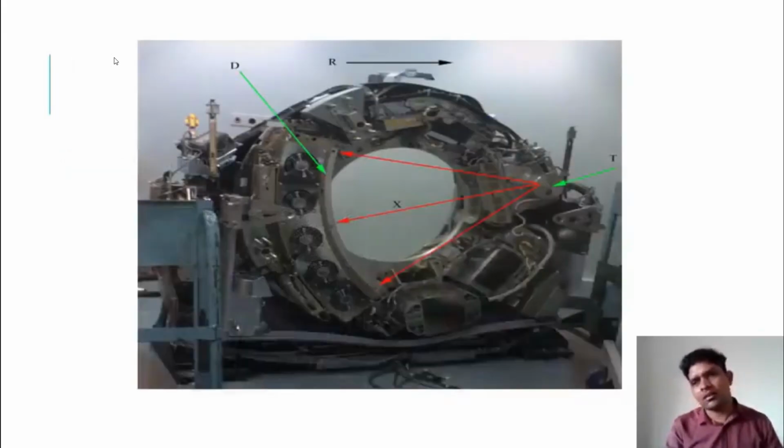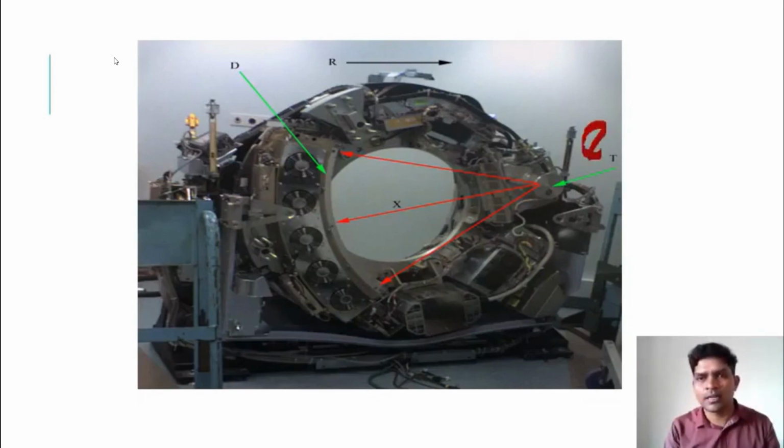You can see this image, which shows the inside of the CT gantry. You are able to see the X-ray tube, and here these are the detectors. These detectors are present here, and they will take rotation through 360 degrees in these directions.